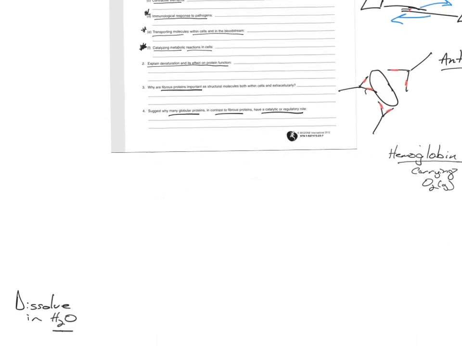Explain denaturation. Okay, this is kind of a simple idea, but it's a very important idea, so pay attention. This will be on the test. This is absolutely testable. I'm going to put a little red asterisk by it.